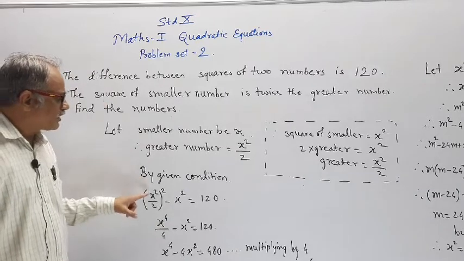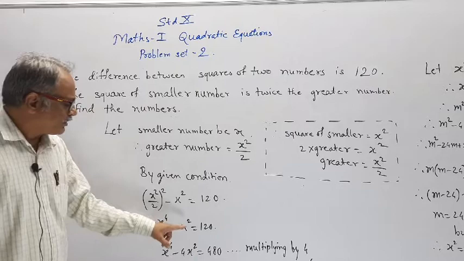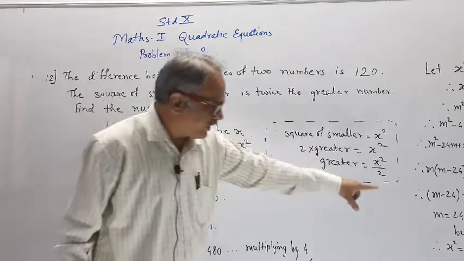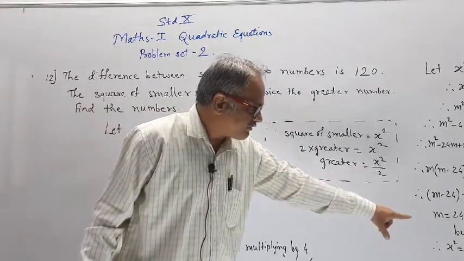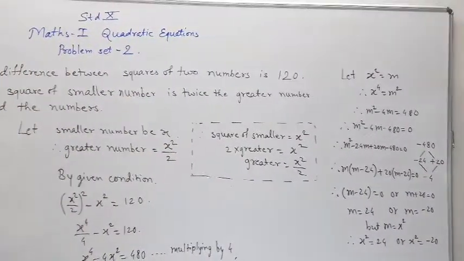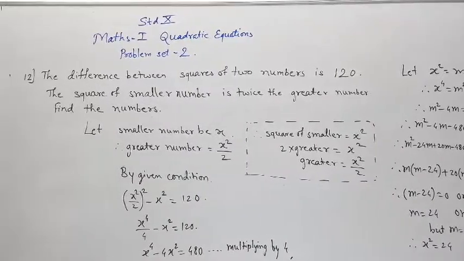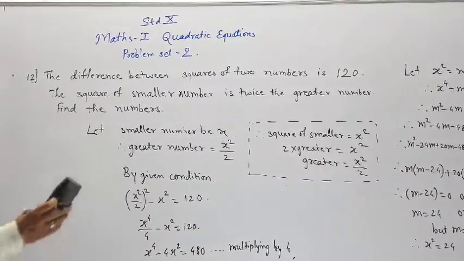So by the given condition, greater number square minus smaller number square is 120. So it is simplified and calculated, and we get x square is 24 or x square is minus 20. Now further I will continue. First complete this much.